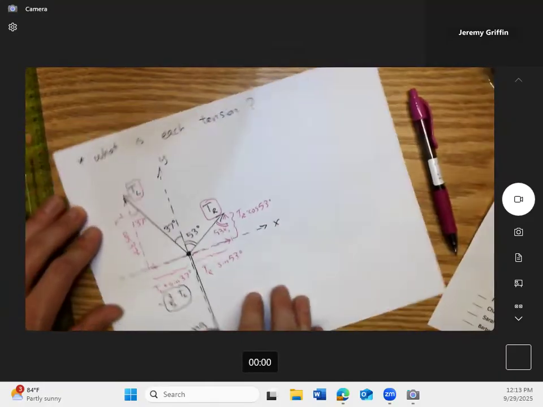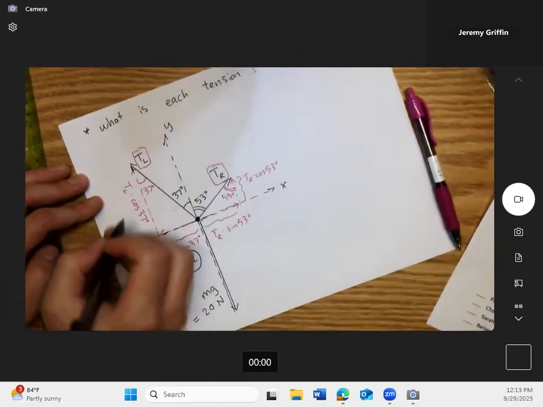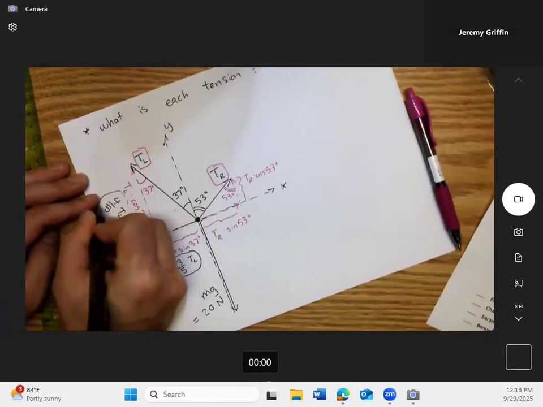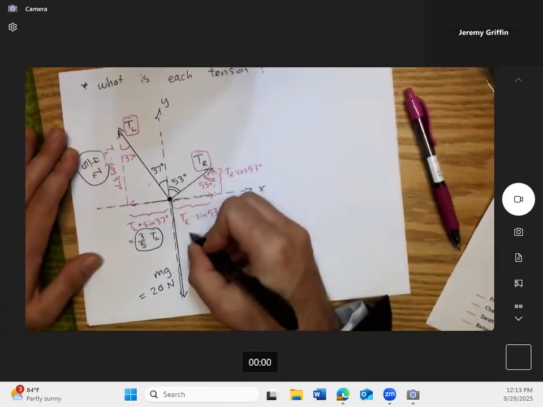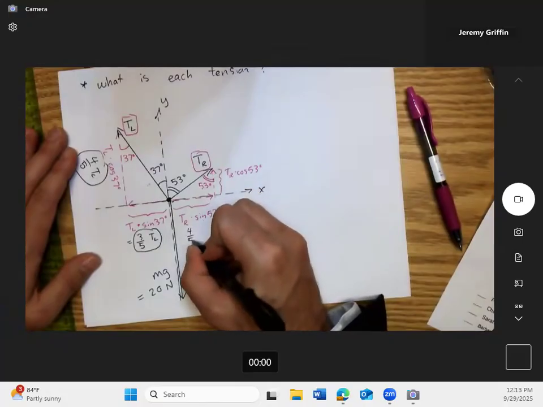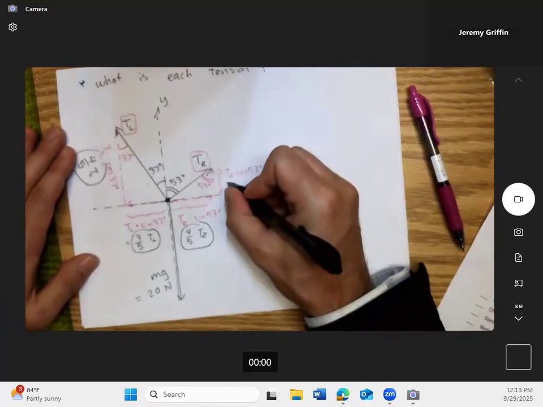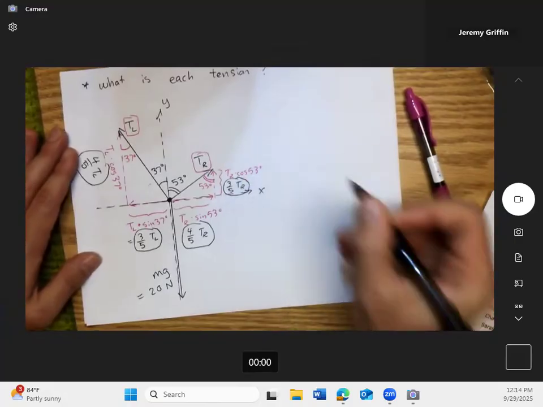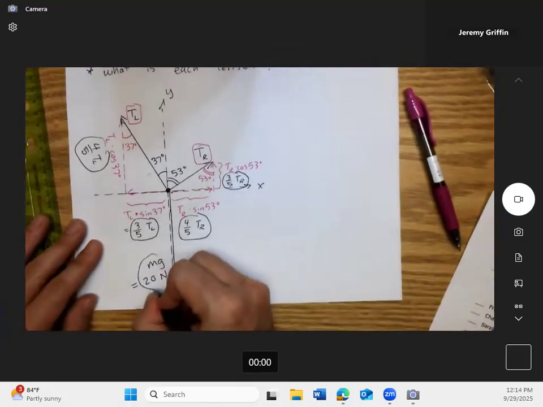Then in black ink, I'll write the fraction form of all those. Cosine 37 is 4/5, so 4/5 of TL right here. We got sine 53, that's 4/5 of TR. And this is 3/5 of TR. And this is 20 newtons.